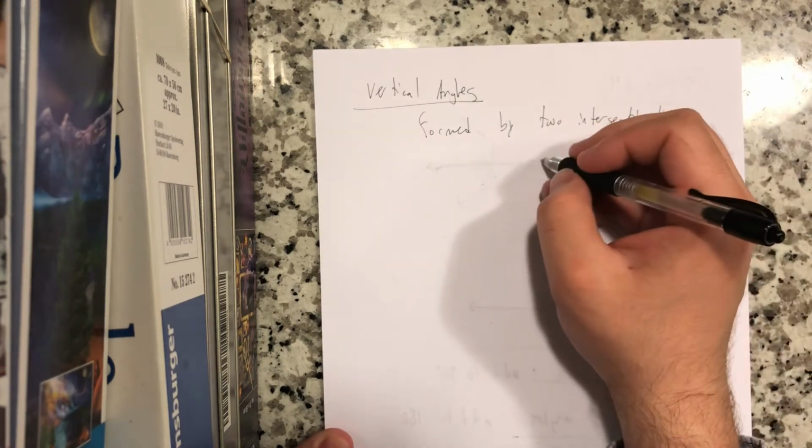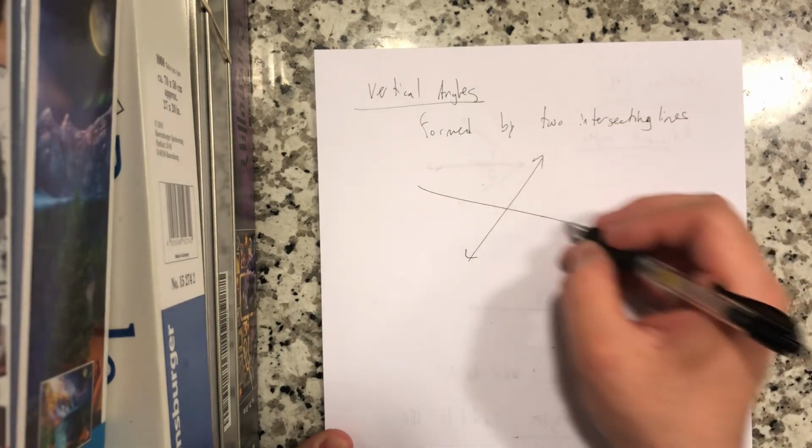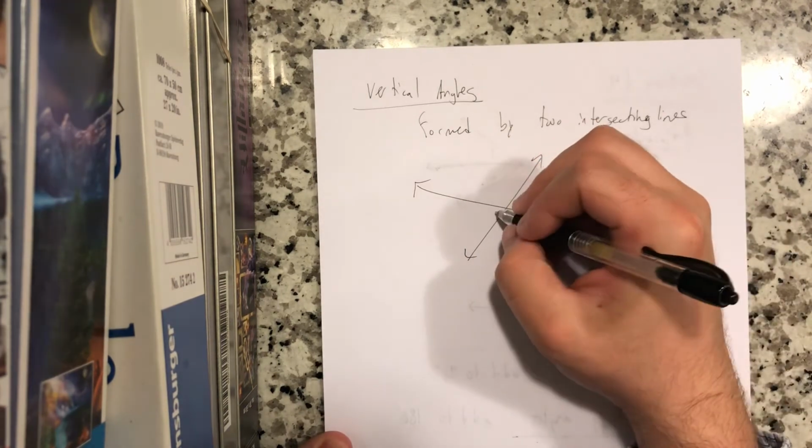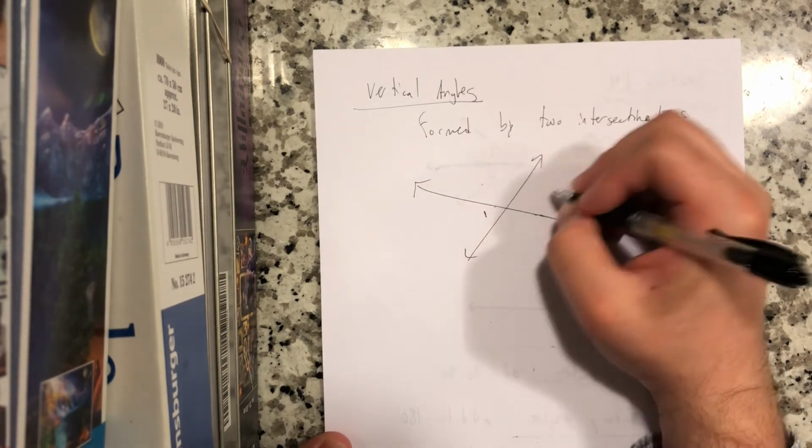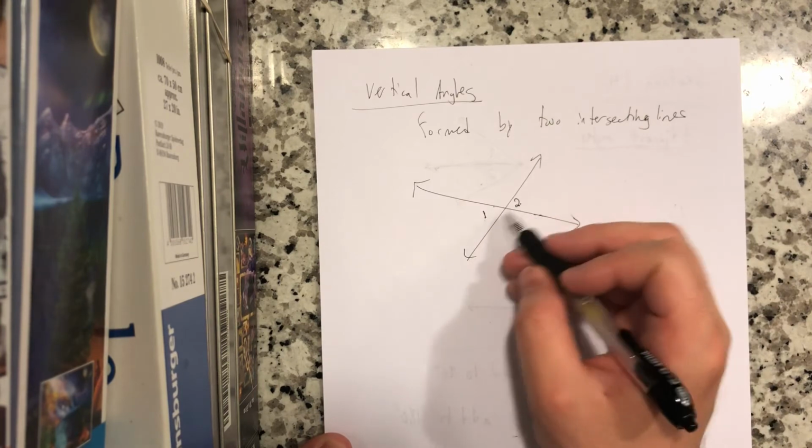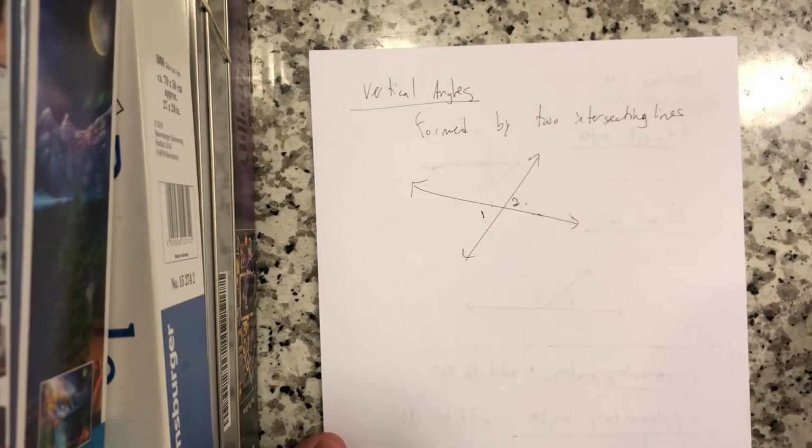Okay, so let's see, we've got a line here and a line here. The vertical angles are going to be, let's say this is angle 1 and this is angle 2. Angle 1 and angle 2 in this case are vertical angles.